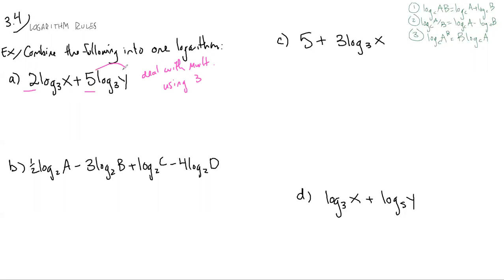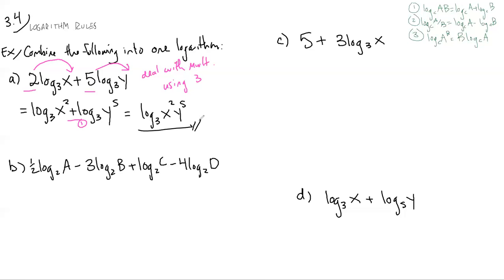So these are going to go back inside as powers on the 2 expressions there. And so I'm going to have log base 3 of x squared plus log base 3 of y to the 5. And now I get to use my rule 1 with the addition and combine that as multiplication.